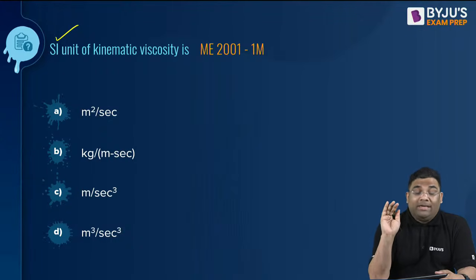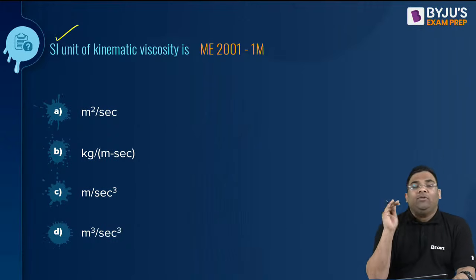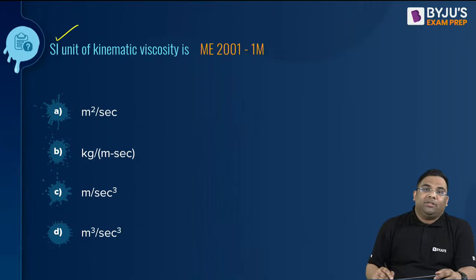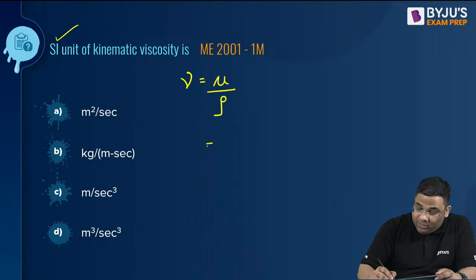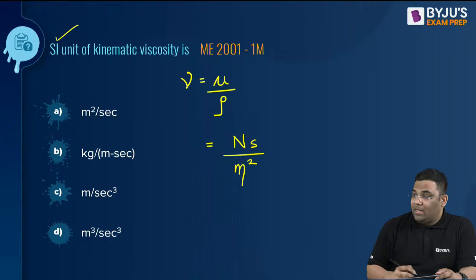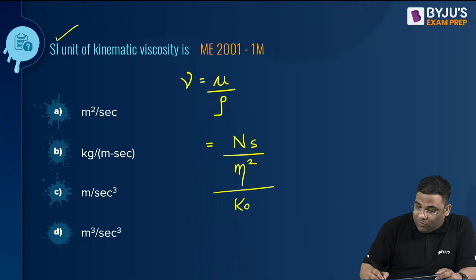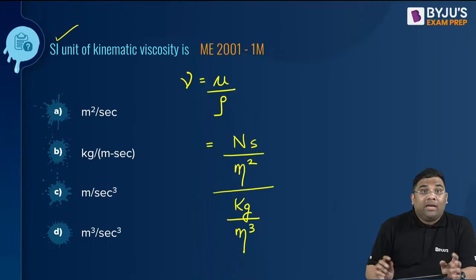Okay. So what is the SI unit of kinematic viscosity? Here, this is equal to mu by rho. Mu we got as Newton second per meter square, and rho is kilogram per meter cube.